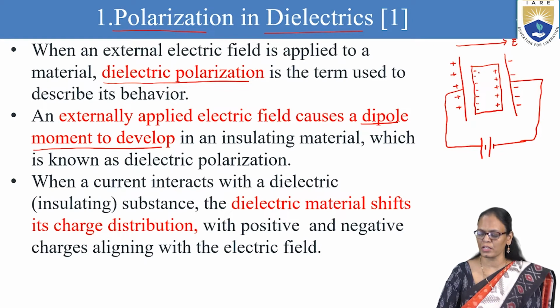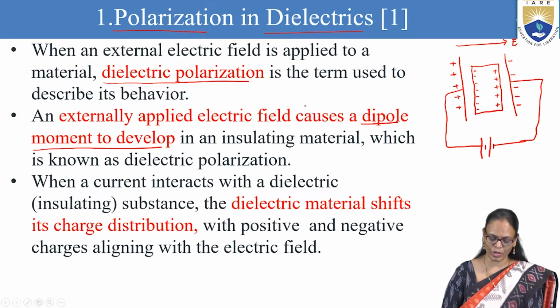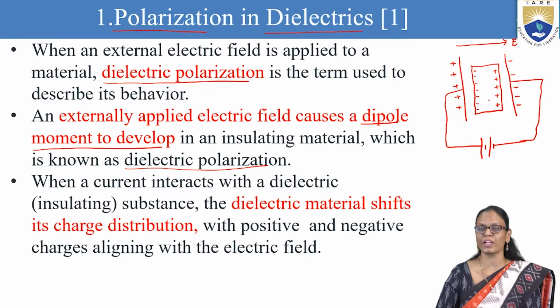What is happening here is the separation of the charges, giving rise to dipoles, which give rise to dipole moment. This is what we call dielectric polarization. It happens due to the shifting of the charge distribution because of the applied electric field. We are getting the polarization.